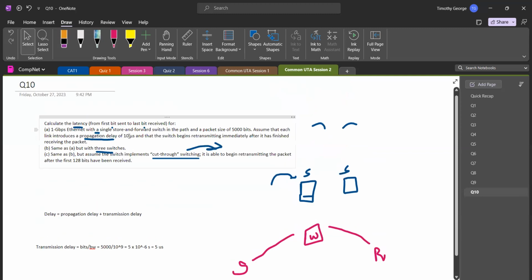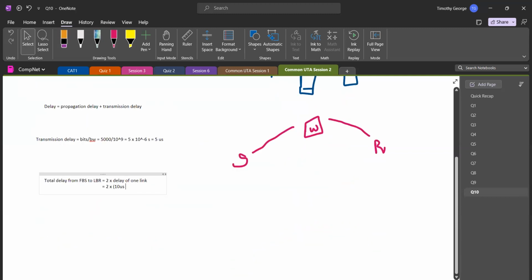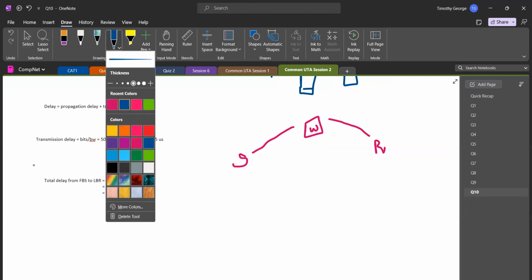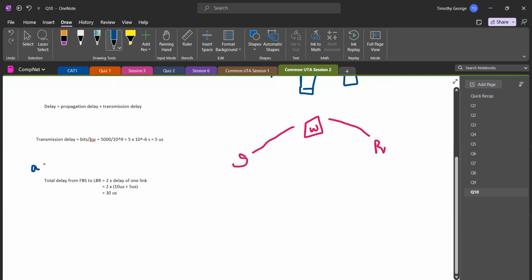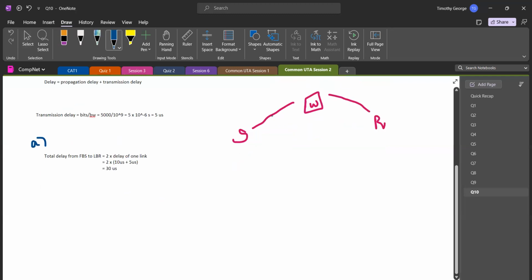Propagation is given here as 10 microseconds, plus the transmission delay, 5 microseconds. So this calculates to 30 microseconds. That's the answer for the first part. All you need to remember is this diagram, because it's not usual to calculate from the sender to the receiver. Usually we just calculate from switch to switch, but questions can be asked like this.